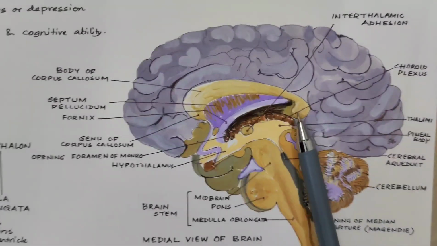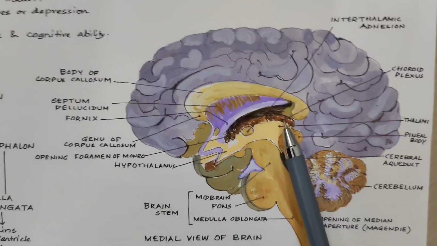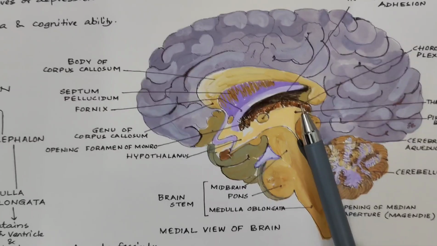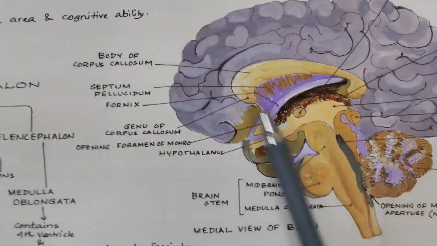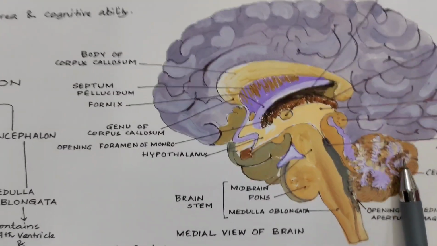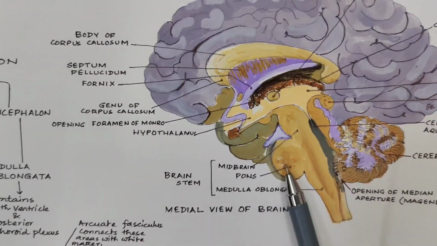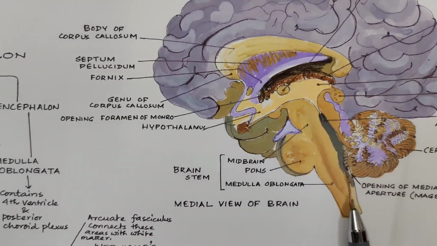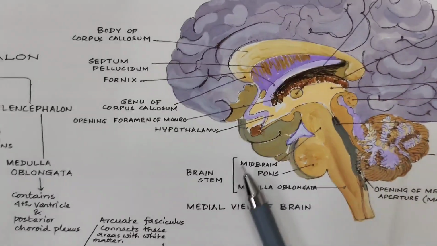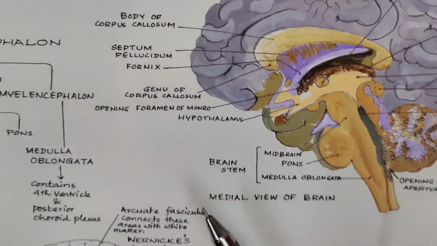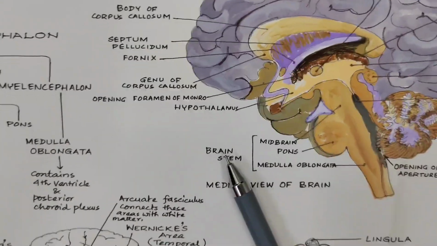The choroid plexus over here, from where cerebrospinal fluid is produced. This is the forebrain. Here the cerebellum. This is the pons. This is medulla oblongata. This part is the brain stem. The midbrain, pons and medulla oblongata, they together form the brain stem.